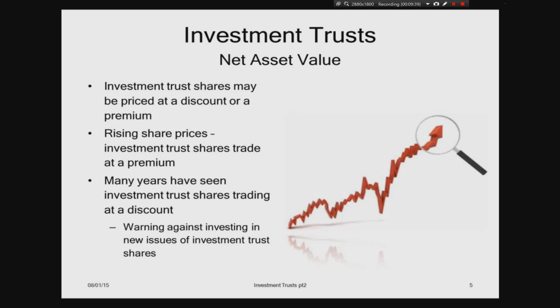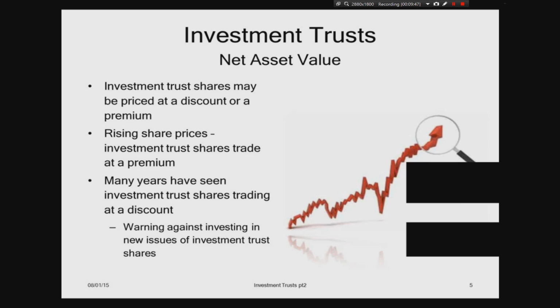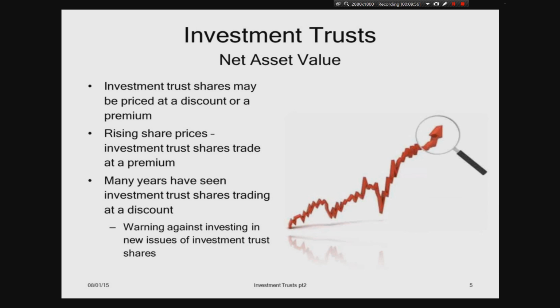Of course, when markets are rising over a period of time, you'll find many investment trusts trading at a premium over their net asset value. However, for many years, many investment trust shares have been trading at a substantial discount. This recent common occurrence ought to act as a red light to any investor looking to invest in a new issue of investment trust shares, as they may see an immediate fall in value.